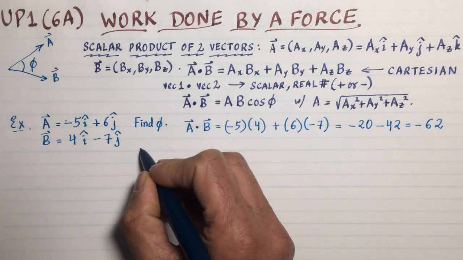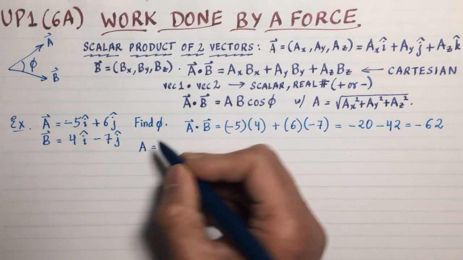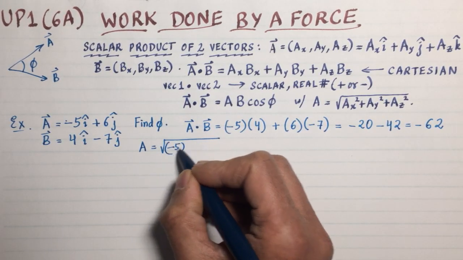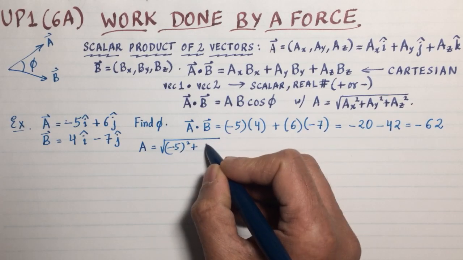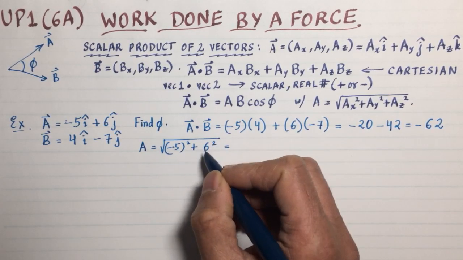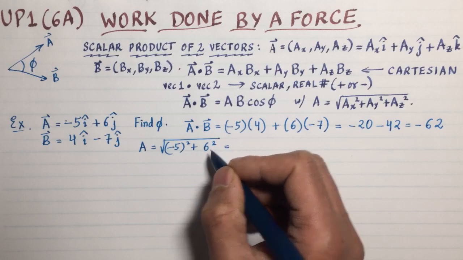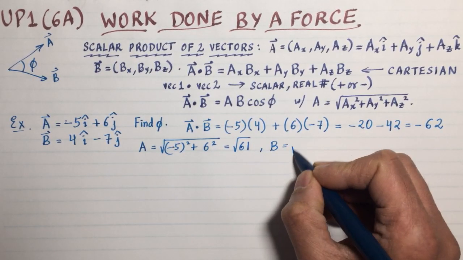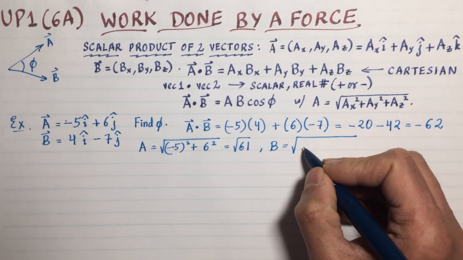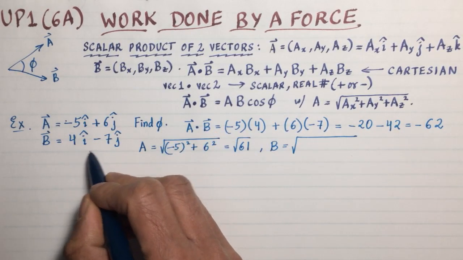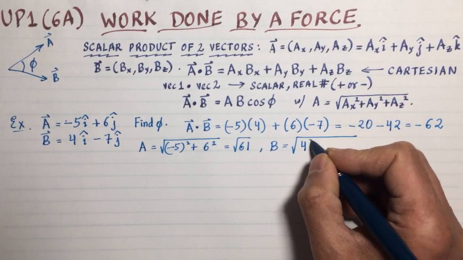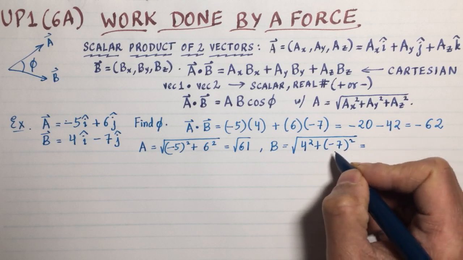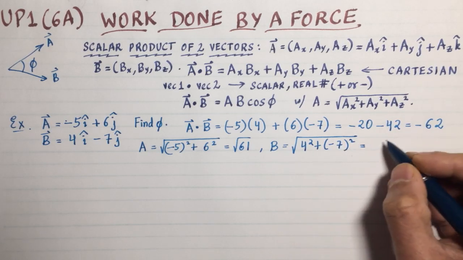Meanwhile, let's also find the length of a. Length of a is going to be the square root of negative 5 squared plus 6 squared. That's 25 plus 36, root 61. And similarly, the length of b is going to be 4 squared plus negative 7 squared. So that's 16 plus 49, which is 65.